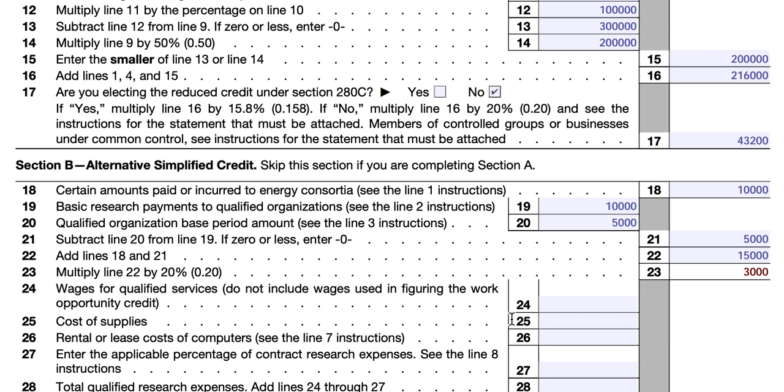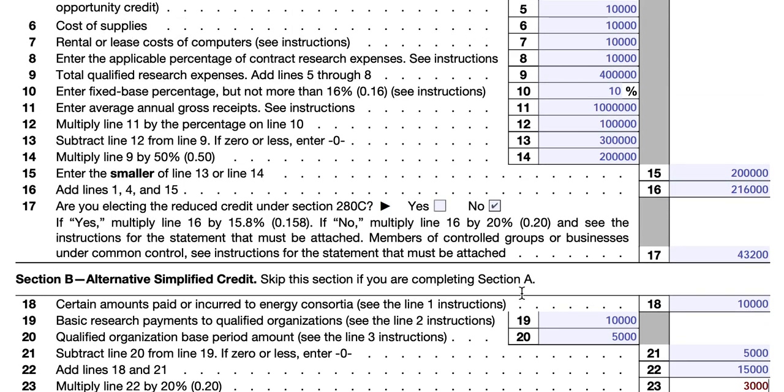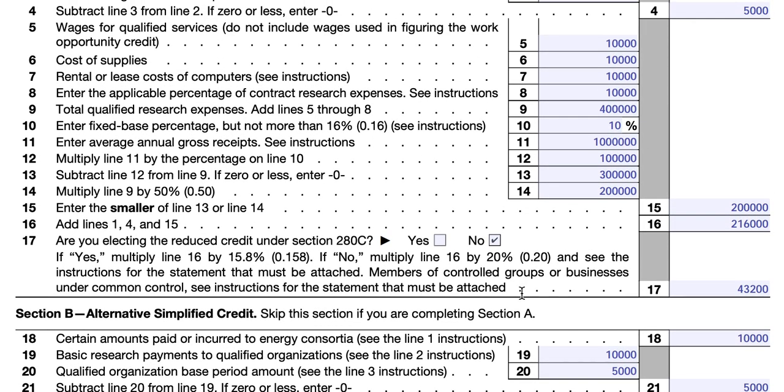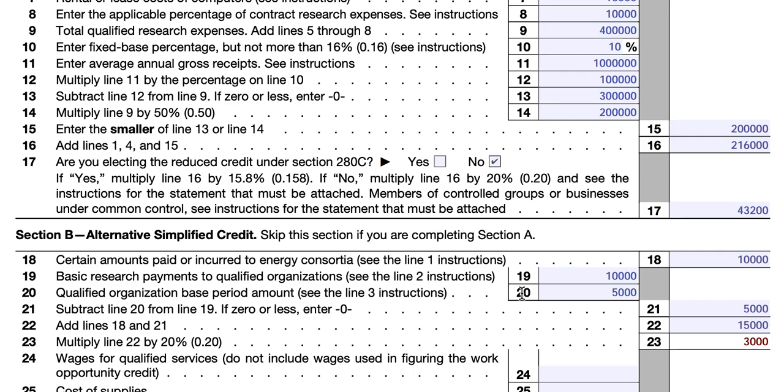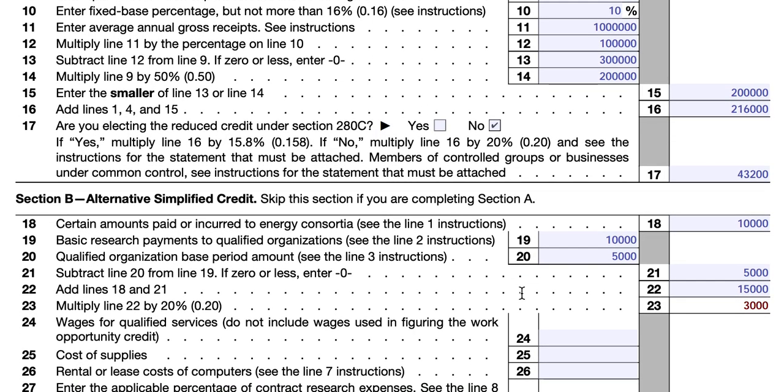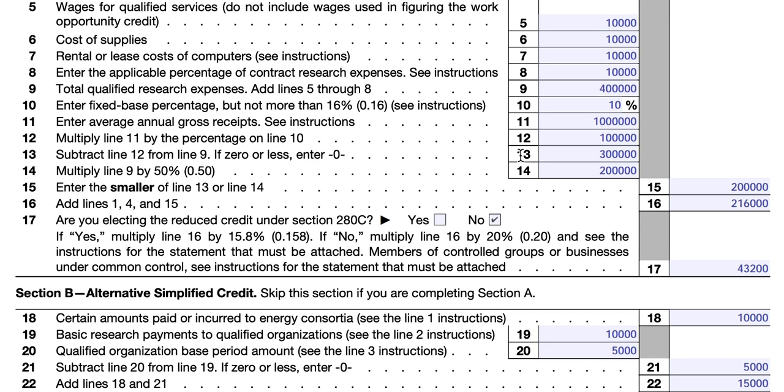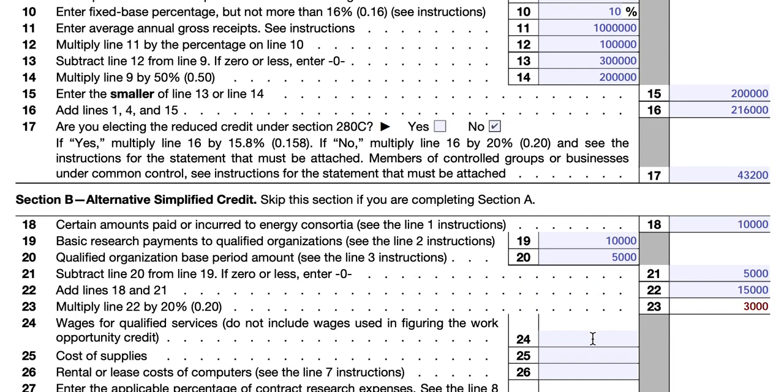So now we're going to enter wages for qualified services, the cost of supplies, and the rental lease of computers in the same proportion that we entered them up here.